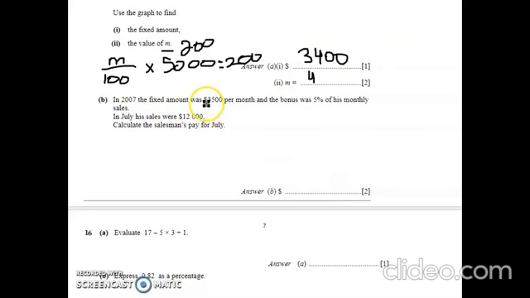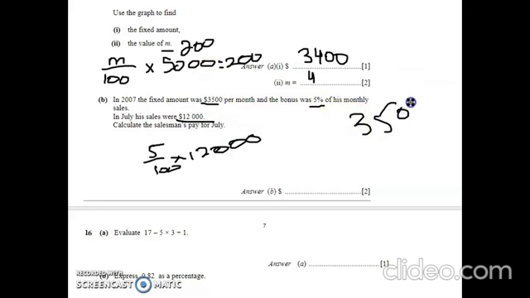So we have this fixed amount and the bonus was 5% of his monthly sales, and his sales were 12,000. What is 5% of 12,000? That is 600. So 600 will be added to this monthly pay. So 3,500 plus 600. That is 4,100.